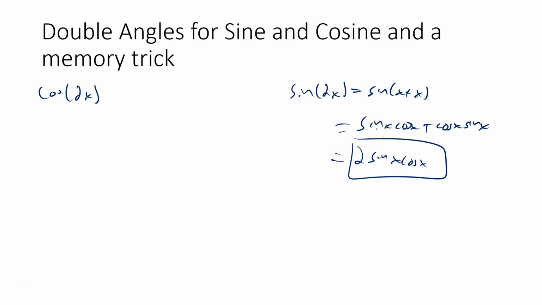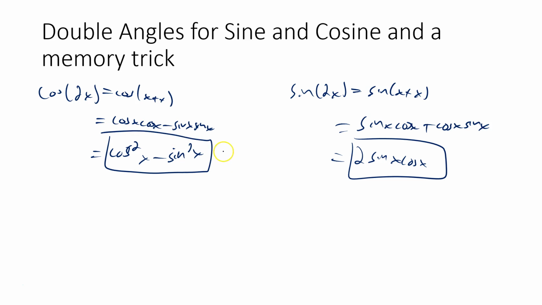Cool. And then cosine 2x. Cosine 2x is cosine of x plus x, and that's cosine x cosine x minus sine x sine x, which is cosine squared x minus sine squared x. That's cool.